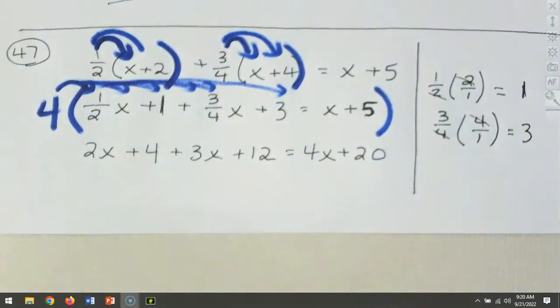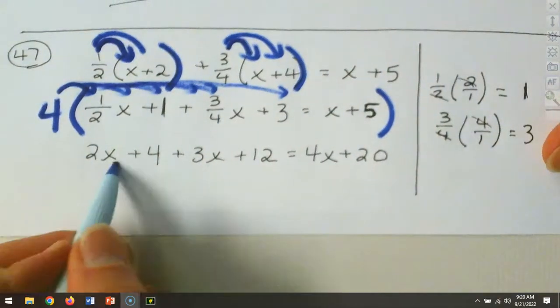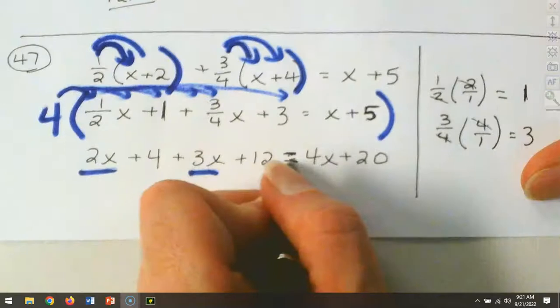Now, before anything moves across the equal bar, we look at each side, the left side and the right side, and we see what we can combine together. So let's see what we've got. And I like to do the variables first. So on the left side, the sides are divided by the equal bar.